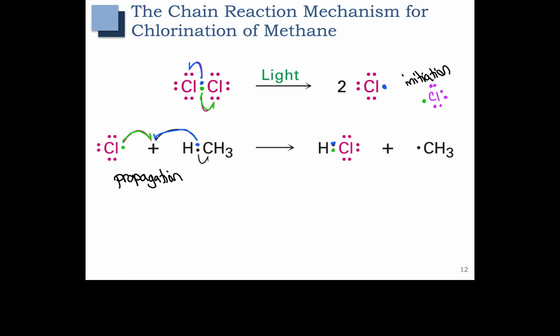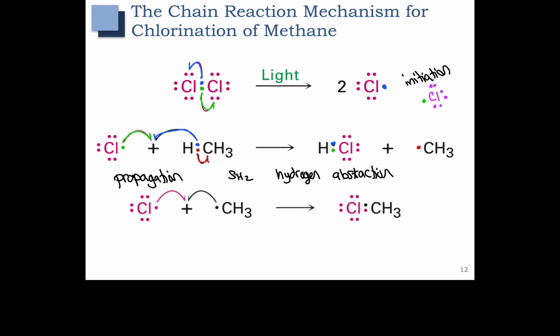And we can see the carbon-hydrogen bond breaking to give a methyl radical. Hopefully, this looks a little bit familiar to you. This is an SH2 step or a hydrogen abstraction. Remember that SH2 stands for bimolecular homolytic substitution.